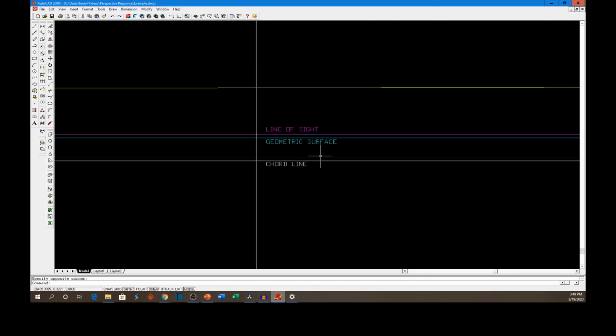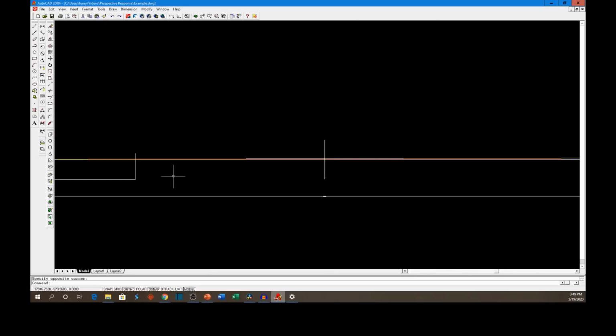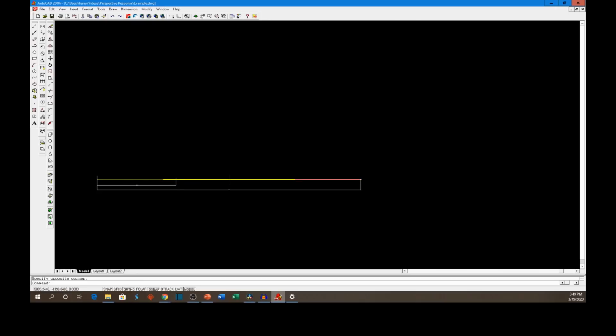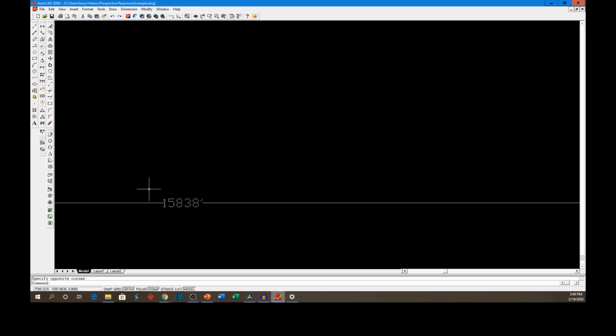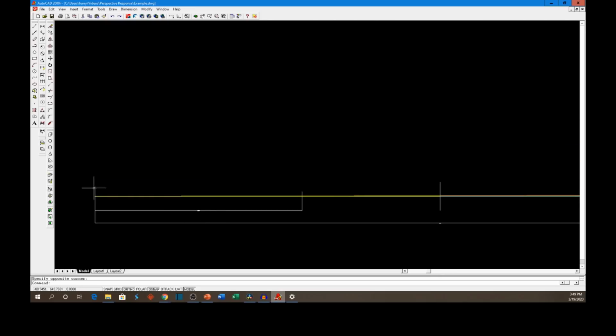I'll show you what we're going to do with that in just a moment. Now, the line of sight intersects the geometric surface back here at 15,838 feet, just like the curve calculator said it would.